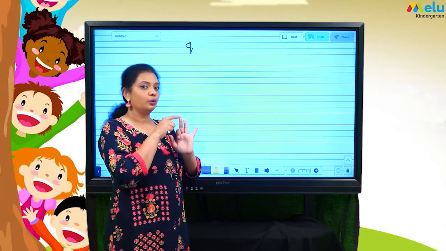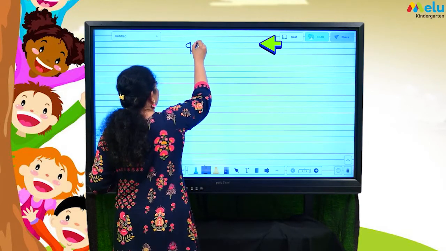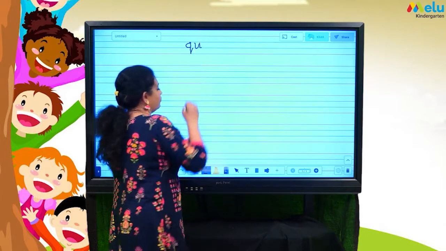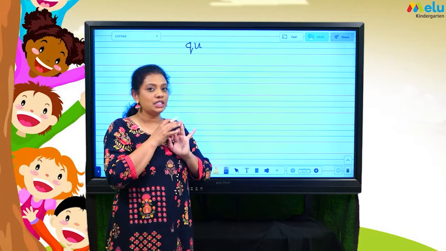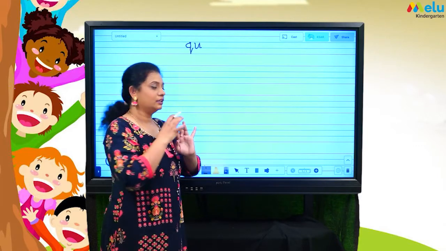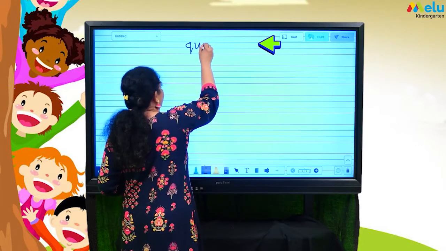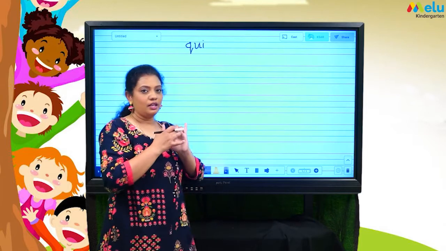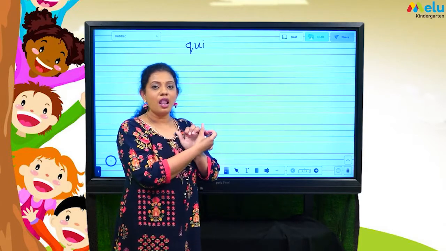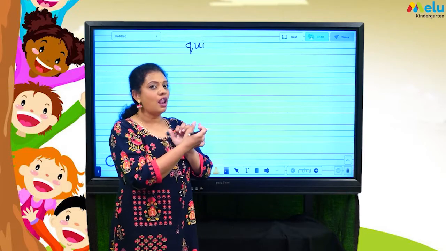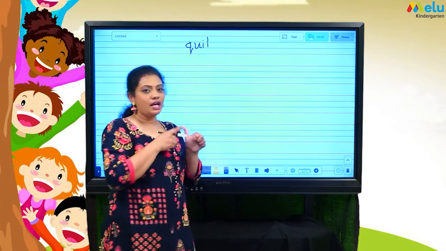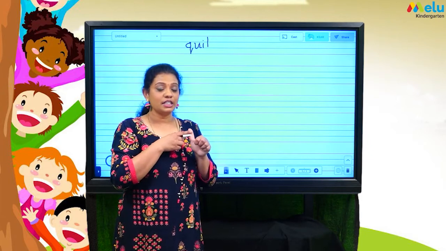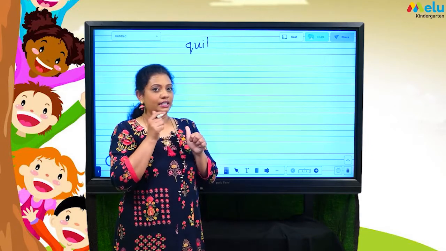It is U. Then the third sound is i. Which letter sounds i, children? It is I. Then the fourth sound is L. So L sounds L. And the last sound is T. Which letter sounds T? Yes, it is T.